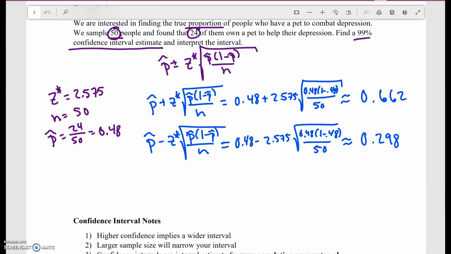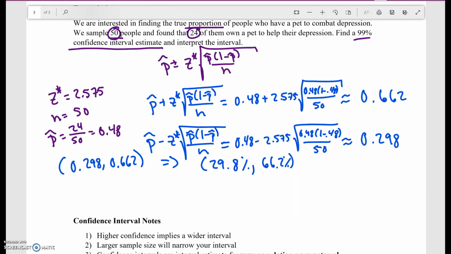Okay, so here are my confidence interval estimates. It's going to be between 0.298 all the way to 0.662. If you want to put it as a percent, that's fine: 29.8% all the way to 66.2%. Okay, now we have to interpret it.